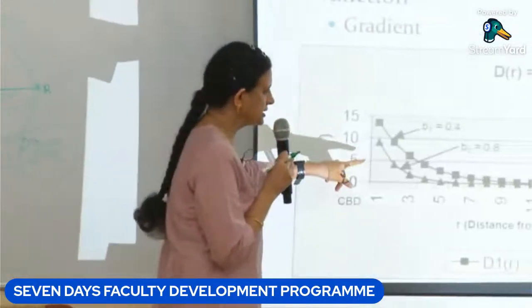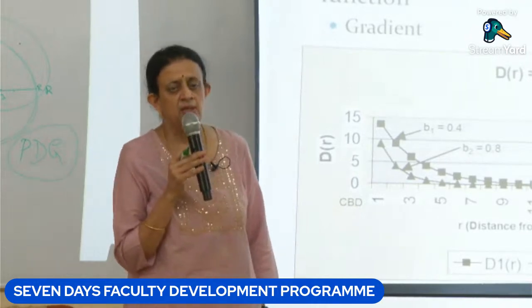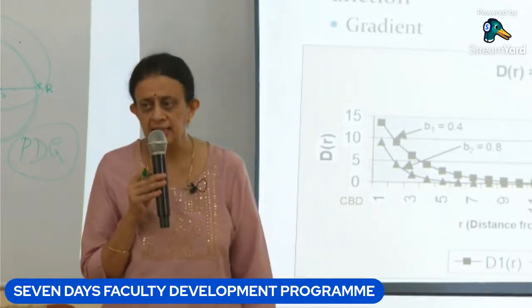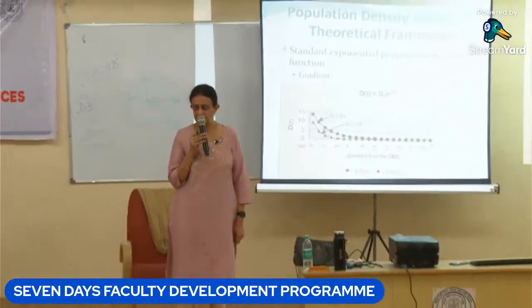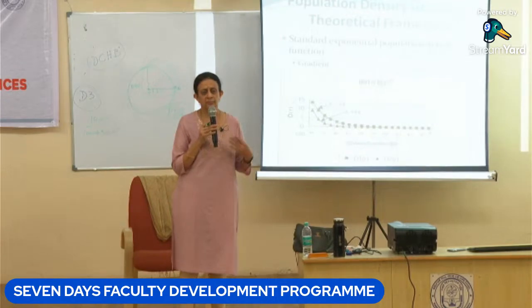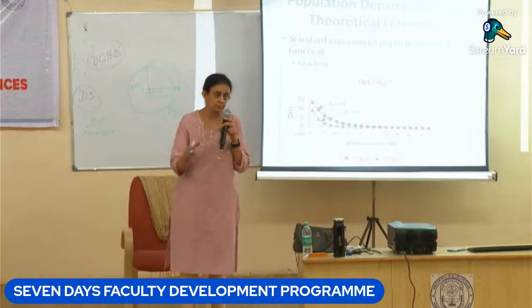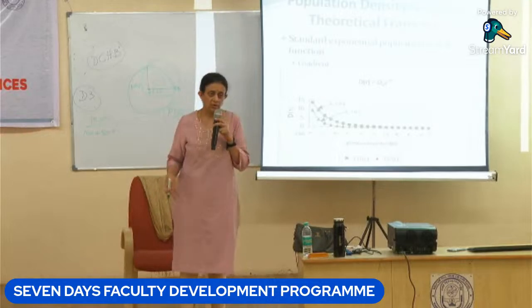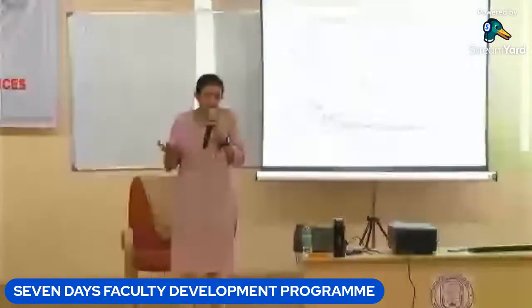What you see here is that a population density gradient is used as an indicator of suburbanization of a city. Now, you know that Mysore's center is the palace, but there are a lot of suburbs now: Vivekananda Nagar, Saraswatipuram, Lakshmipuram, Gokulam, because it's very expensive for everybody to stay in the center.